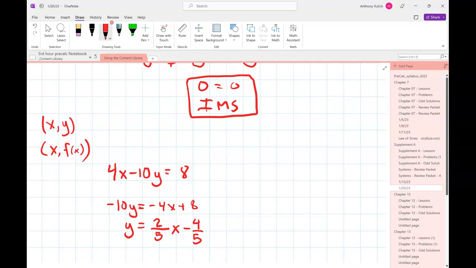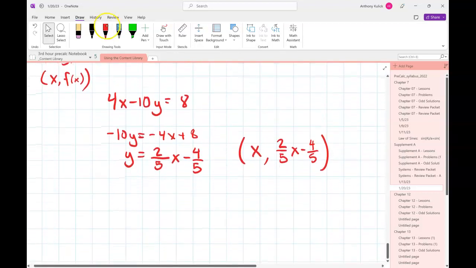What that allows me to say then is that each of my solutions will be in the form of x comma 2/5 x minus 4/5.